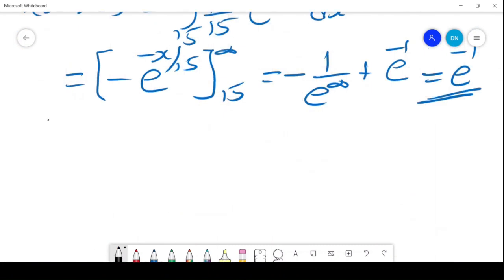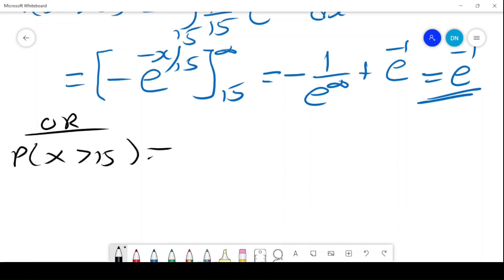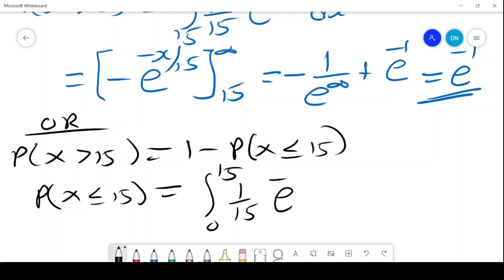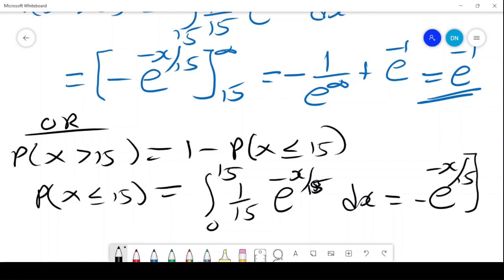Alternatively, we could have said the probability of x greater than 15 is 1 minus the probability of x less than or equal to 15. So first of all, I would get the probability of x less than or equal to 15, which is the integral from 0 to 15 of 1 over 15 e raised to negative x over 15 dx. And that will give me negative e raised to negative x over 15, from 0 to 15.